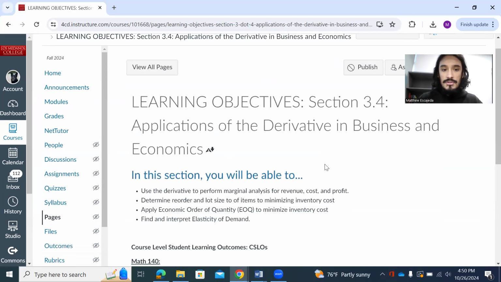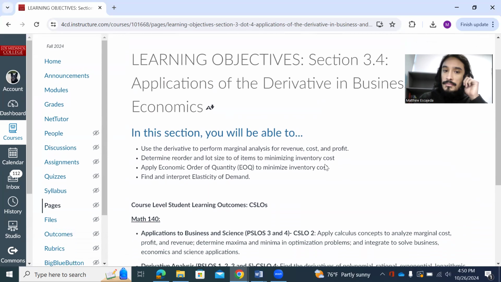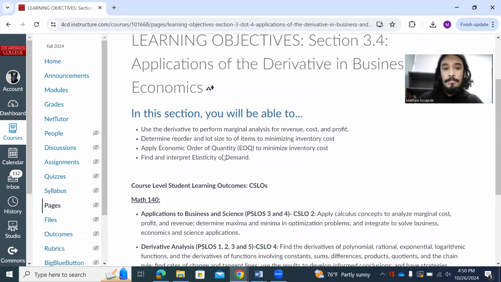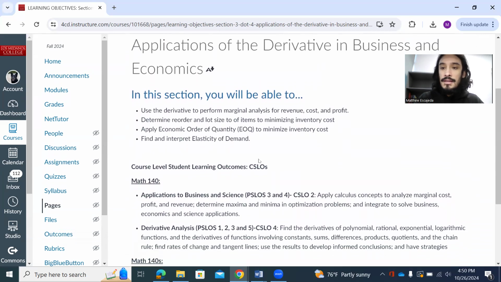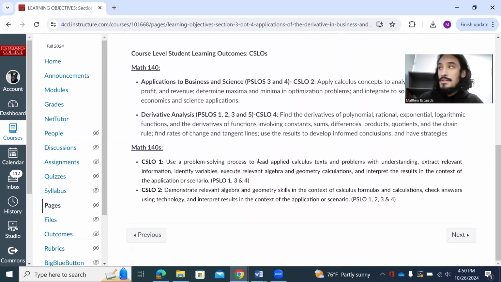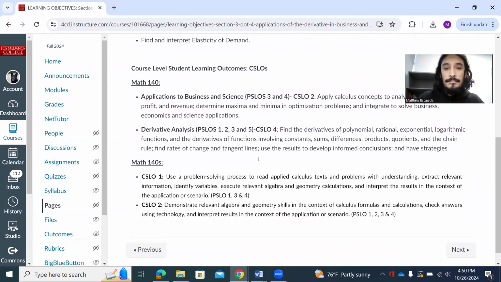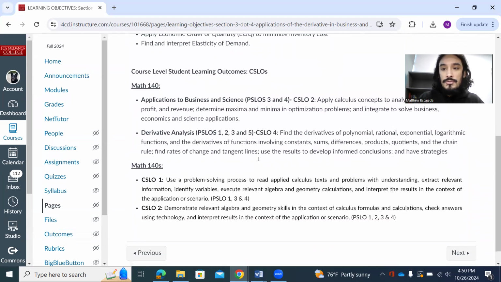And here's just your learning objectives again, right? Marginal analysis, inventory cost with lot size and reorder, EOQ formula, and elasticity of demand. And here's also the student learning outcomes for this week, right? We would have CSLO 2 for Math 140, applications to business and science, which is basically what this section is about, applying it to some business and science topics.